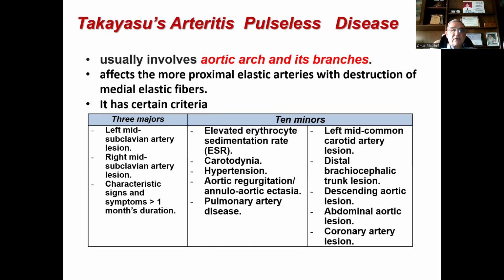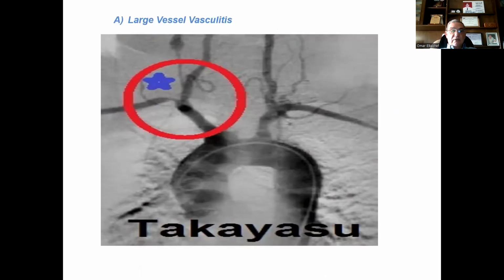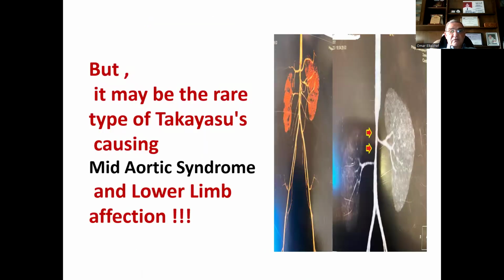It has certain criteria: three major criteria, left mid-subclavian artery region, right mid-subclavian artery region, characteristic signs and symptoms of more than 1 month duration, or multiple minor criteria as you see in this table. So this is Takayasu involving the right subclavian artery.